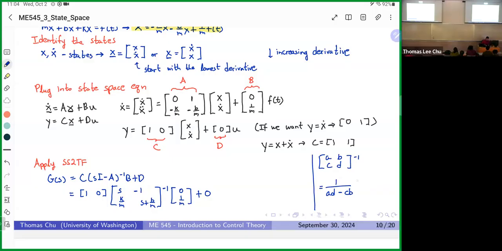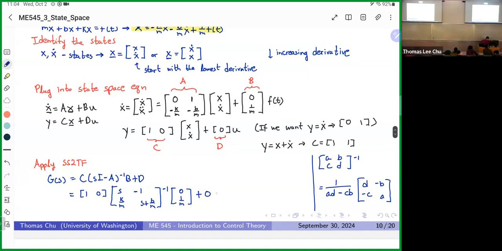Yeah, it's AD minus CB, multiplied by the matrix where you swap the diagonals, so A becomes D, D becomes A, and then the off diagonals are multiplied by minus 1. So that's the inverse of a 2x2 matrix. We're going to apply that here.